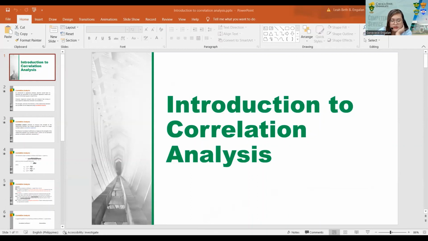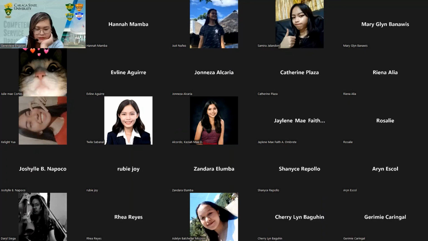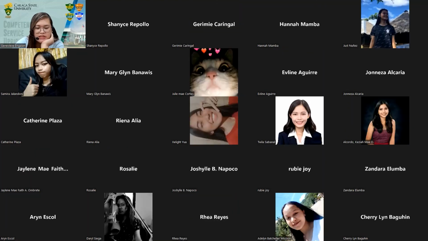Regarding the long quiz, the first long quiz will be on November 3, covering Unit 4 only. Then the long quiz covering Unit 1 to Unit 4 will be on November 10.